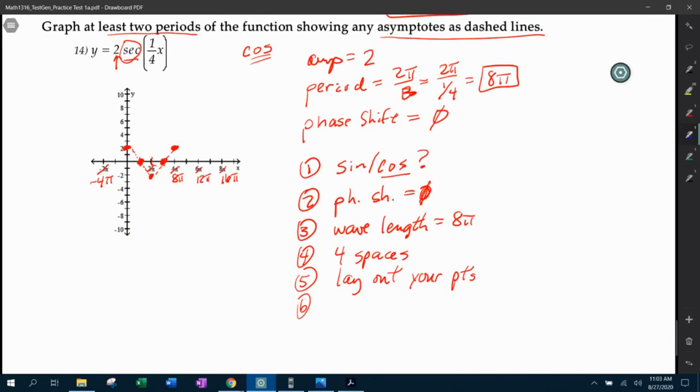So what the secant says, it says that every x-intercept becomes an asymptote, and the other dots are going to be points on these curves here. Okay? And then this guy going up here. So your highs and lows are going to become the points of what I call your humps and bumps, okay?